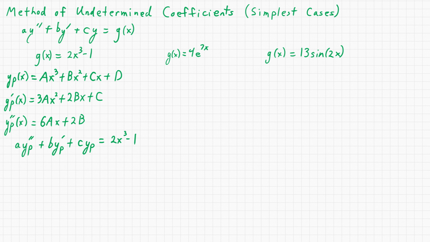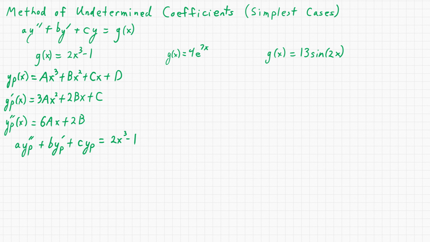Well, I have a constant, little a, times a first degree polynomial, the 6 capital A x plus 2 capital B. I add that to a constant times a second degree polynomial, the y particular prime. Then I add that to another constant, little c, times a third degree polynomial.